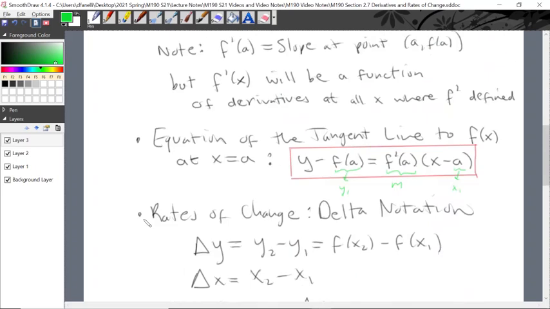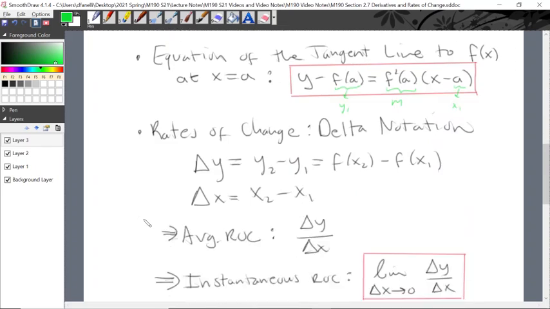All right, so some more on notation, rates of change and delta notation. This triangle is the uppercase Greek letter delta. We can interpret it as meaning a difference or a distance, okay? A difference meaning subtraction. So if we write delta y, we can also call that the change in y.